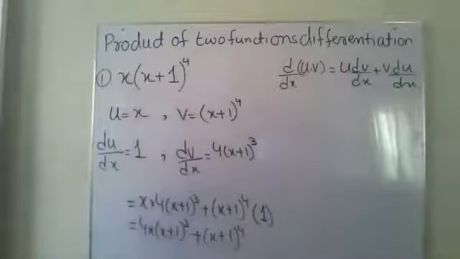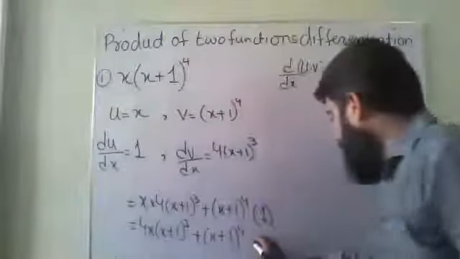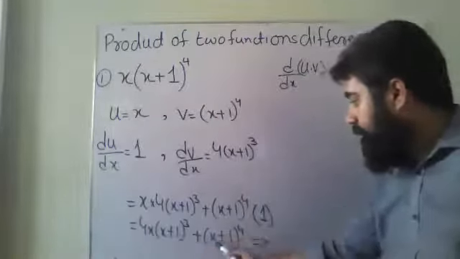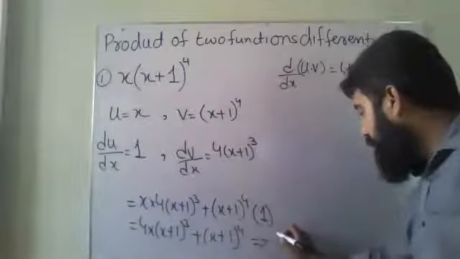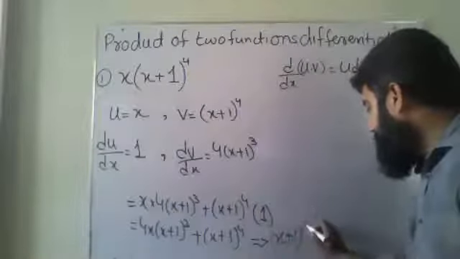You can leave your answer at this point if you want to, but what I am doing, I am simplifying it further, (x plus 1) whole cube, (x plus 1) whole power 4. So I am taking (x plus 1) whole cube as common.